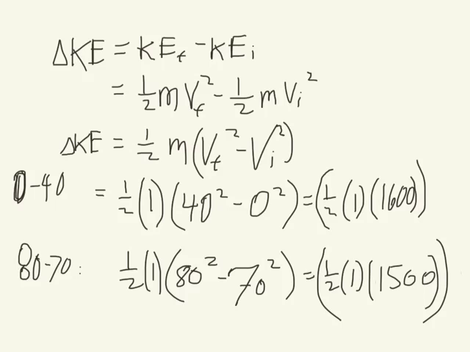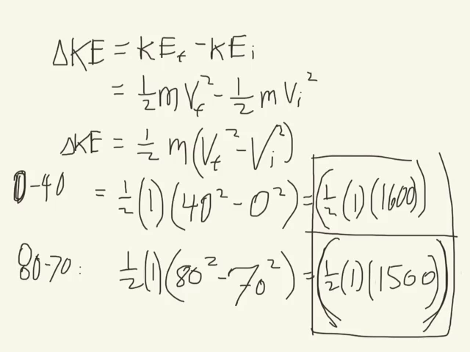So what we're really looking at is the ratio of the energy we waste braking going from 40 to 0 and the energy we waste braking going from 80 to 70. And we can see here, here's what I wanted to show, is that they're almost equal values. Maybe the energy going from 40 to 0 when you brake is about 5% more than going from 80 to 70. But essentially the same, close enough for me.